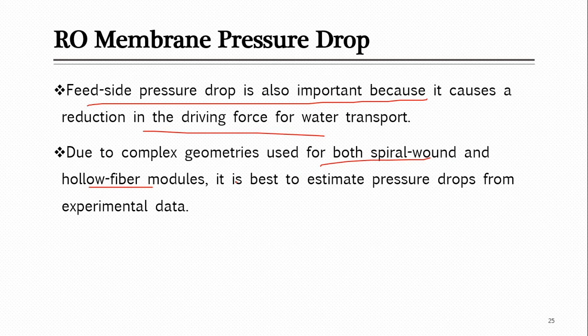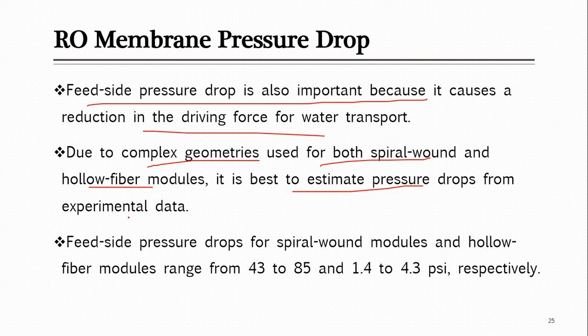So the equations are difficult to manage, and they can't give a good pressure drop calculation through this RO system. So it's better to estimate pressure drop from experimental data: you perform the experiment on lab scale initially, and then extrapolate that for large scale plants.